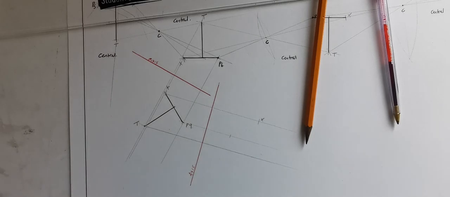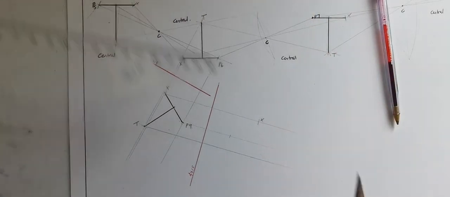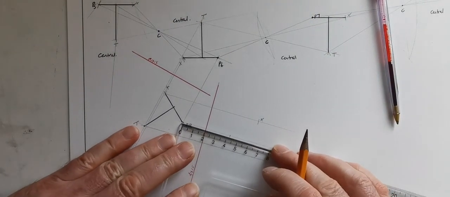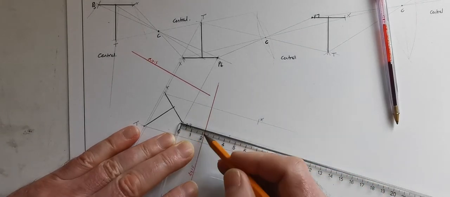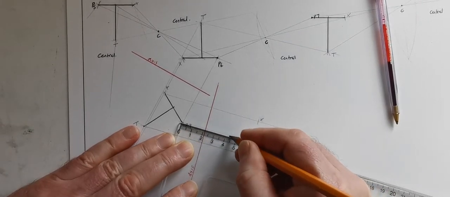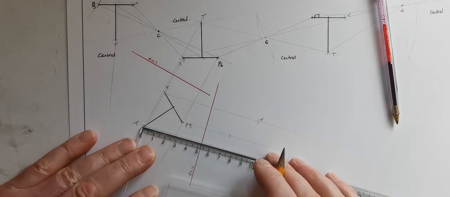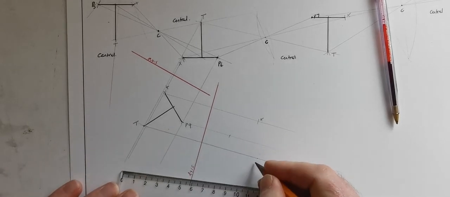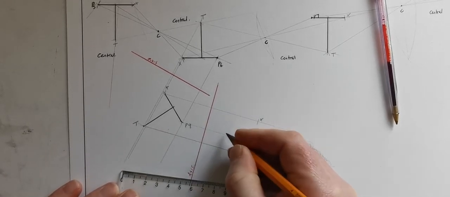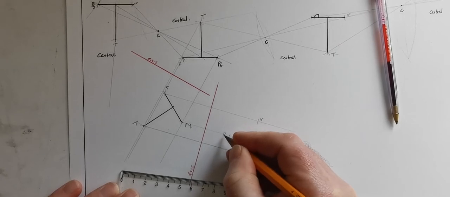Now, you could actually use maths for this if you like maths, because you would say that's 22, so it's 44. You could say this one's 52, so it would be 104. So that's T and P10.